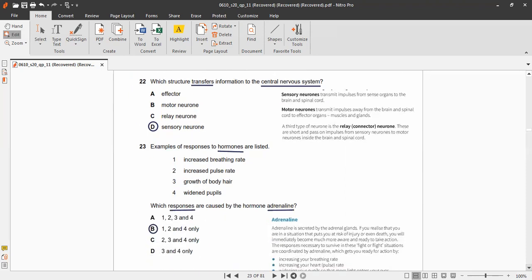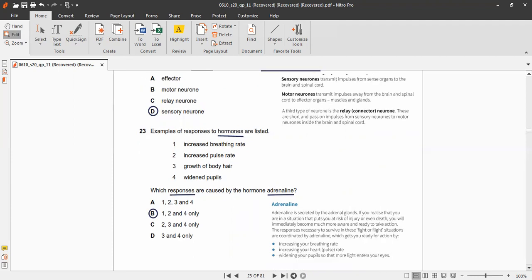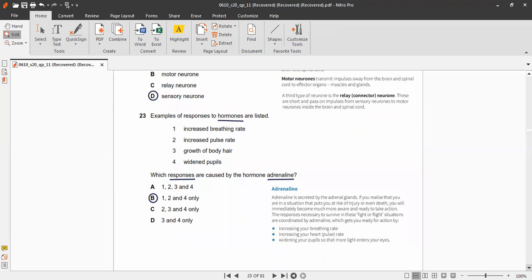Examples of response to hormones are listed: increased breathing rate, increased pulse rate, growth of body hair, widened pupils. Which responses are caused by the hormone adrenaline?